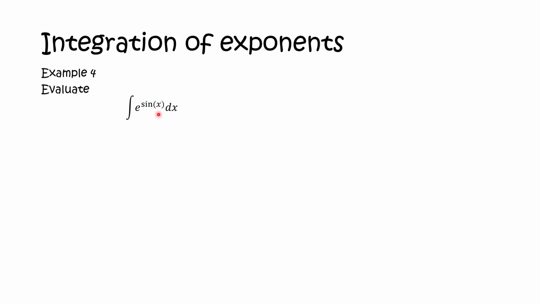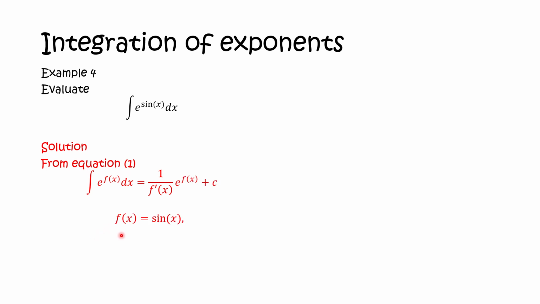Evaluate the integral of e to the sine x dx. So for the solution, we have to identify our f of x from equation 1. In this case, our f of x is sine of x. Now, if we differentiate that, we are going to get f prime of x, which is cosine of x.